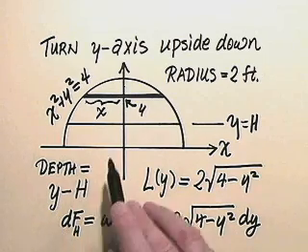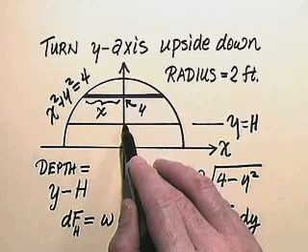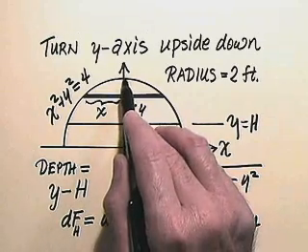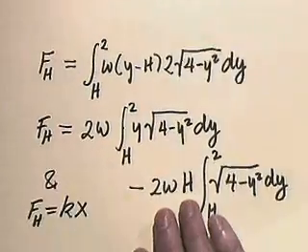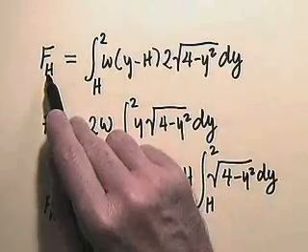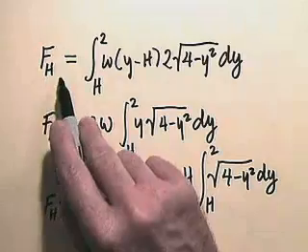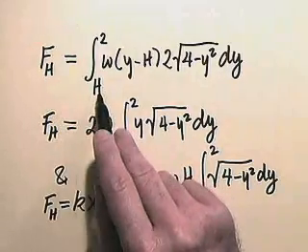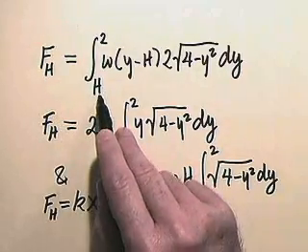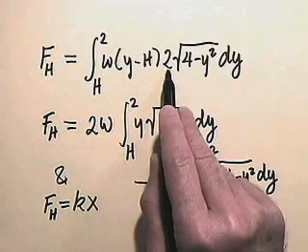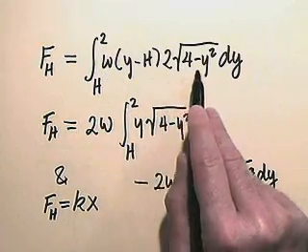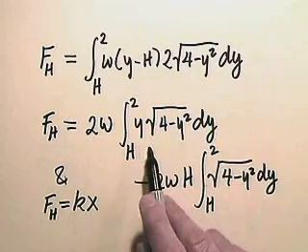Well, we're going from y equals h up to y equals 2. So what I've called F subscript h is the force on the plate when the depth is h. And so it's given as the integral from h to 2 of w times the quantity y minus h, 2 times the square root of 4 minus y squared dy.